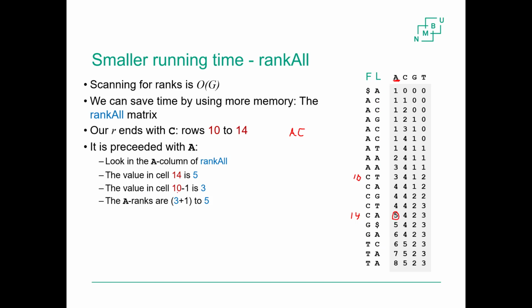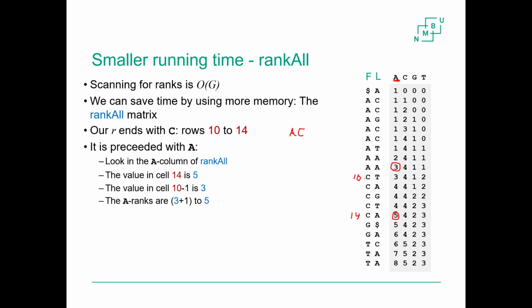And we look up in row number 10 minus 1. So we go one step up and look up this number here in that column. Right? And this is just a pure lookup. You don't need to search through here to look for anything.